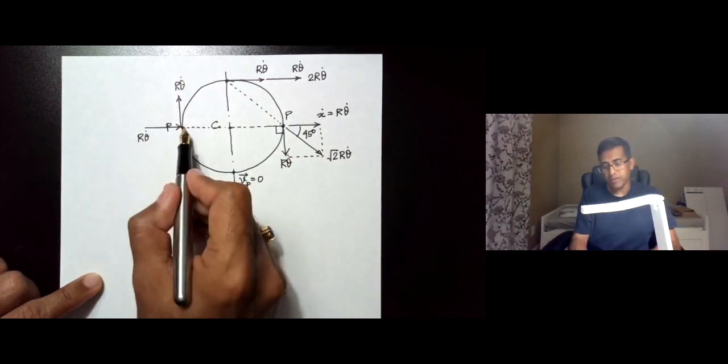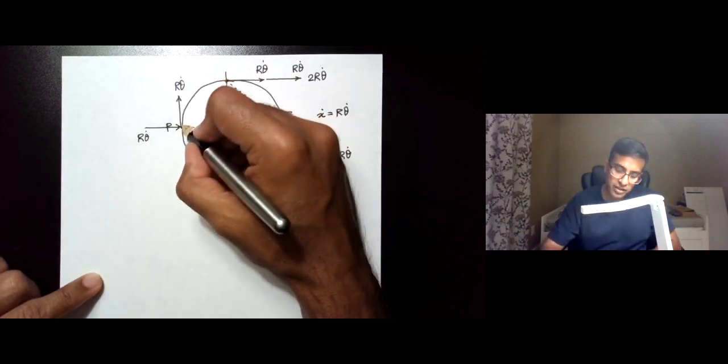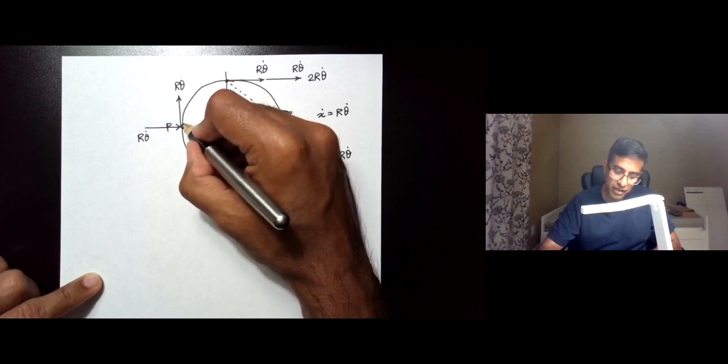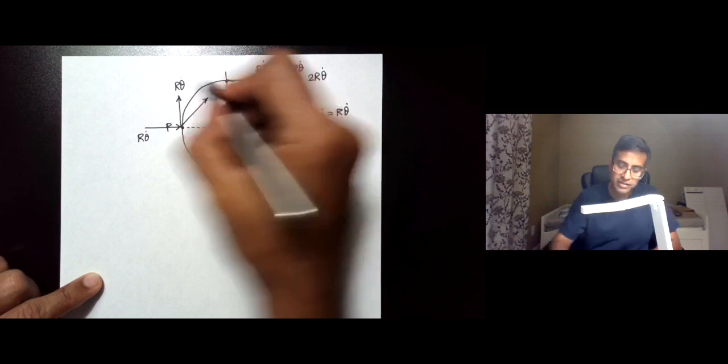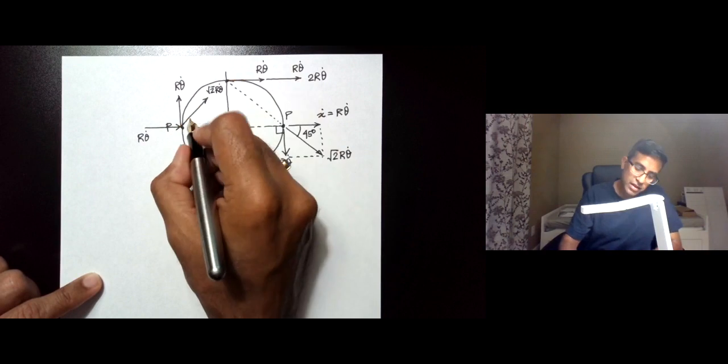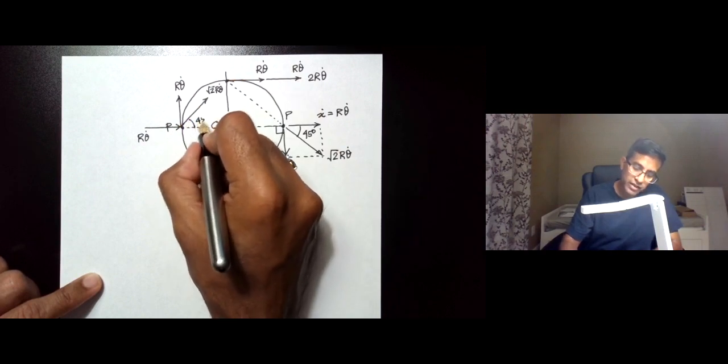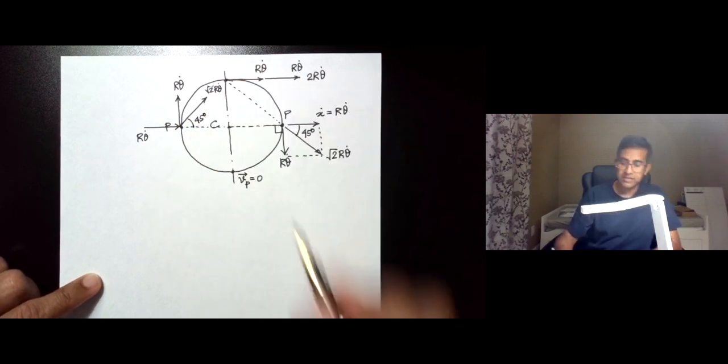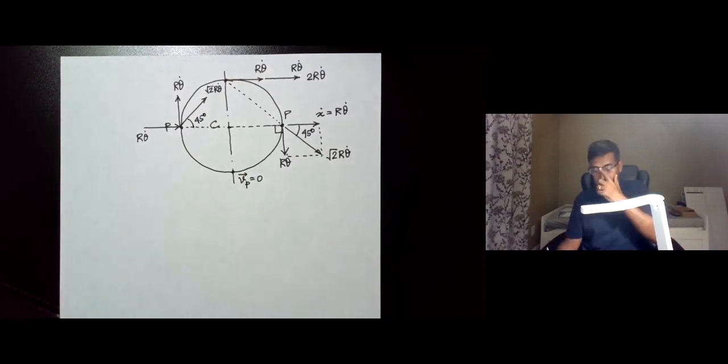I should have probably drawn the vector like this. The resultant of these two would again make 45 degrees. The magnitude would be square root 2 r theta dot, and it would make an angle of 45 degrees, which would again pass through the center. So there is some interesting geometry that shows up.